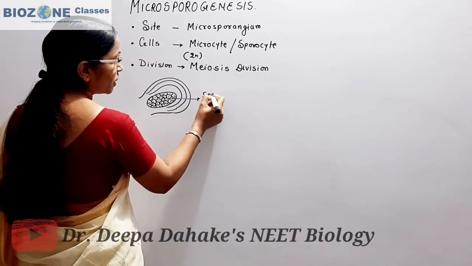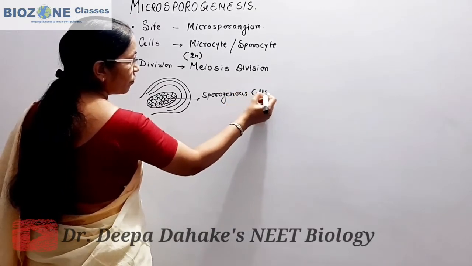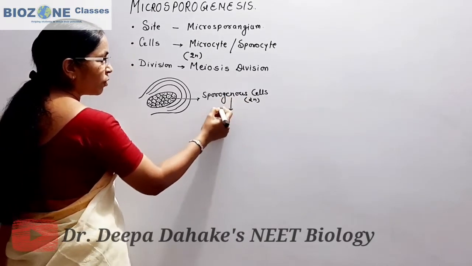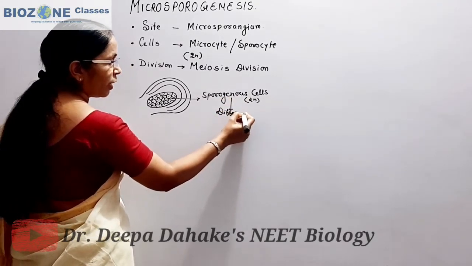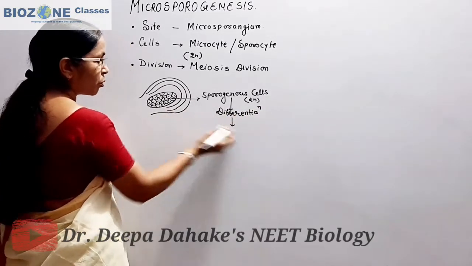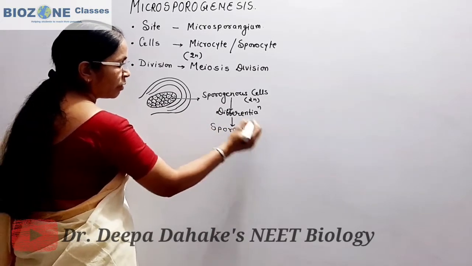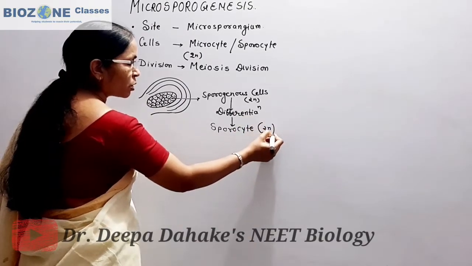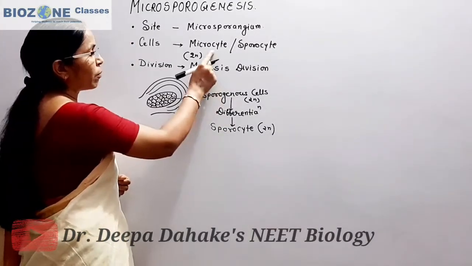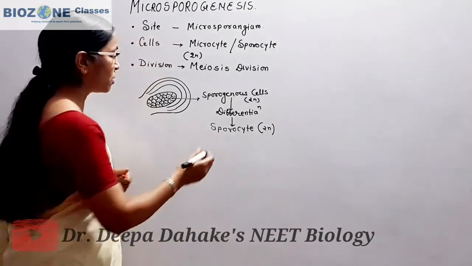Now these diploid sporogenous cells undergo the process of differentiation, and due to differentiation some of the sporogenous cells develop as sporocytes. Therefore the sporocytes are also differentiated sporogenous cells, and these sporocytes or microsporocytes you remember undergo meiosis division.